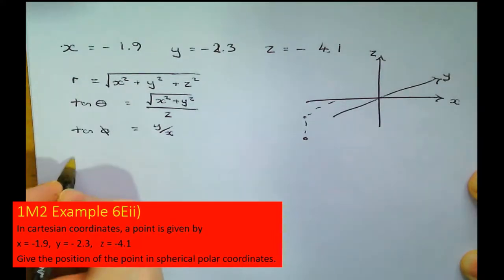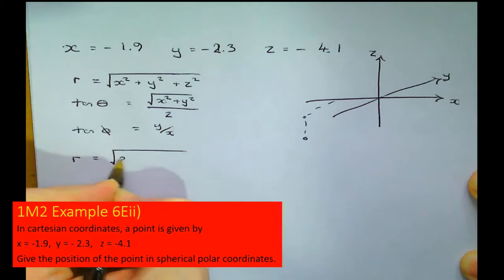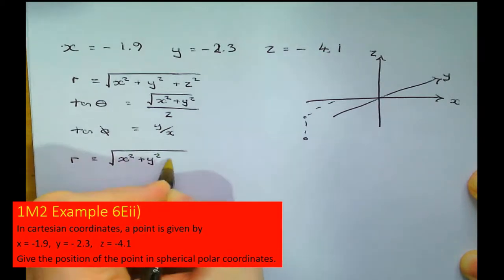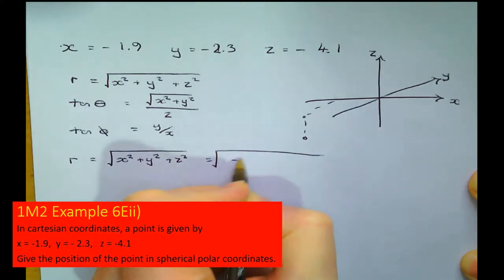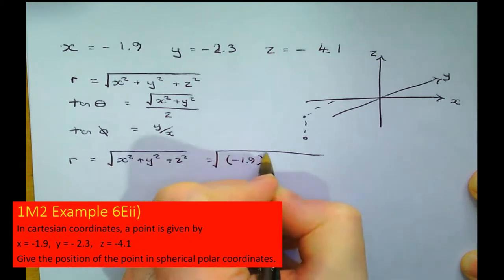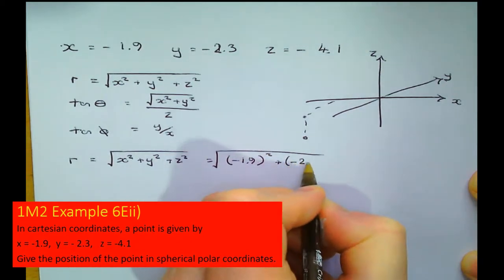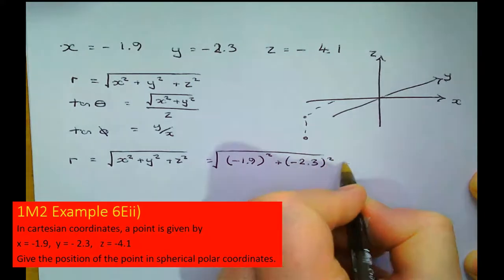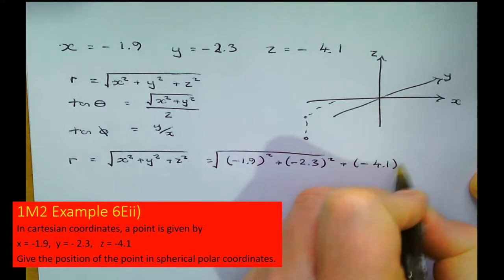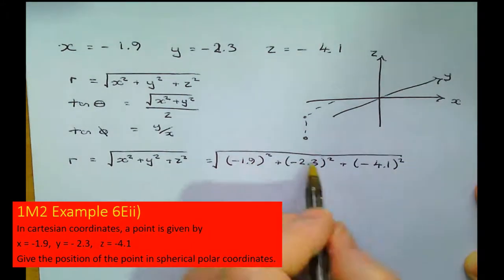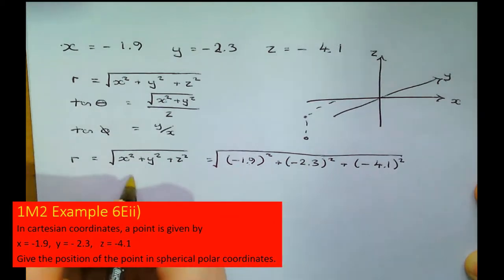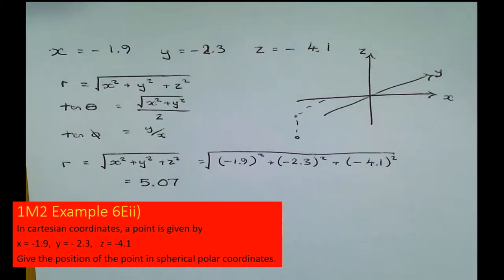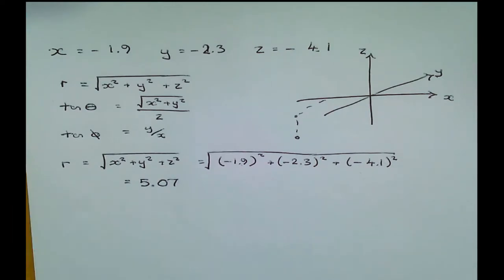So r first, square root of x squared plus y squared plus z squared. So square root of minus 1.9 squared plus minus 2.3 squared plus minus 4.1 squared. Bear in mind, those all square up to positive quantities. We add them and we find that our r, we get 5.07. That's our value of r.